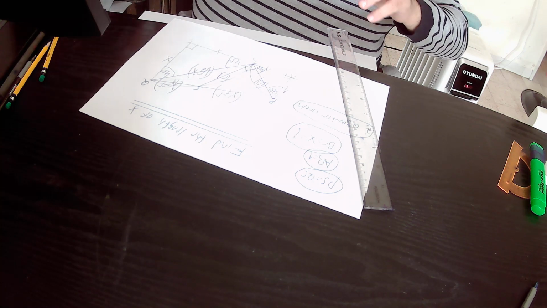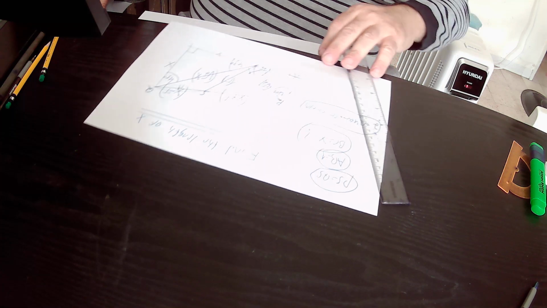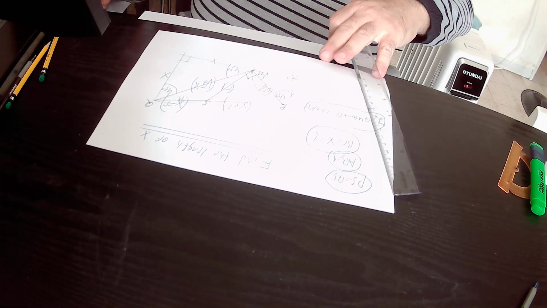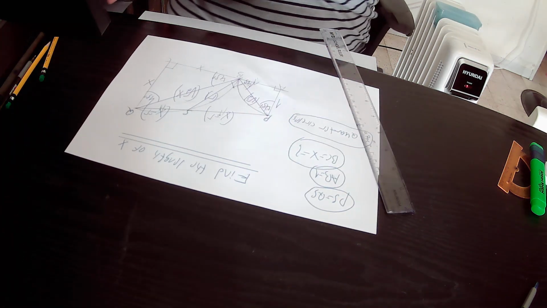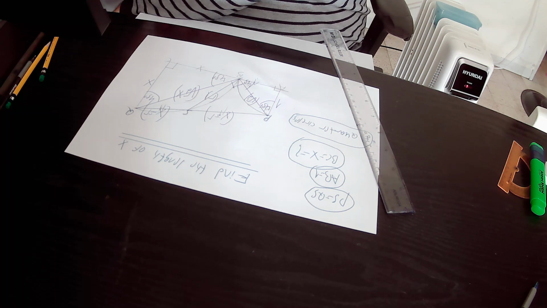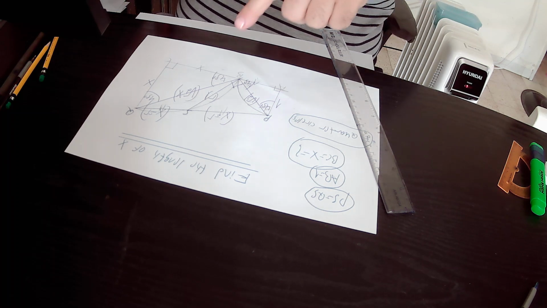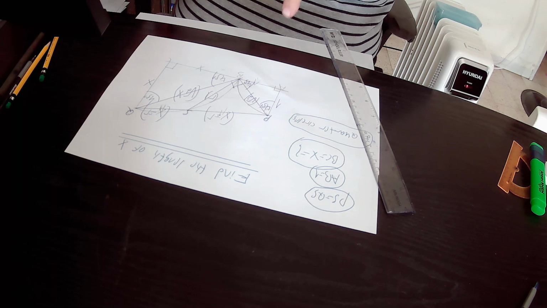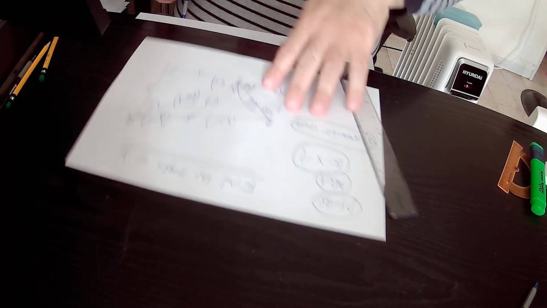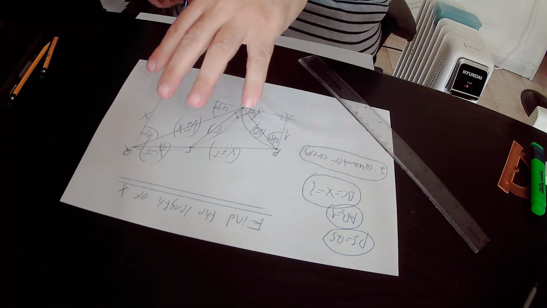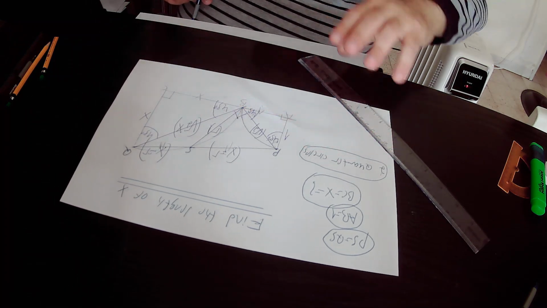So in the next step, I will do a construction. That is to say, I'll copy this quarter circle to a new page and we will complete this quarter circle to a circle.